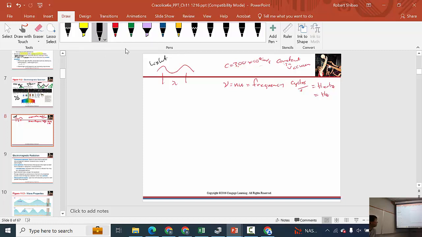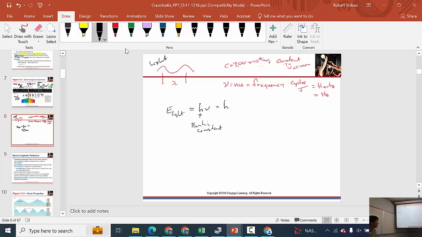And then the last thing we want to know is the energy of the light. There are two types of energy that we look at. The energy of the light is going to equal h, which is also a constant. This is called Planck's constant. Times nu, the frequency.